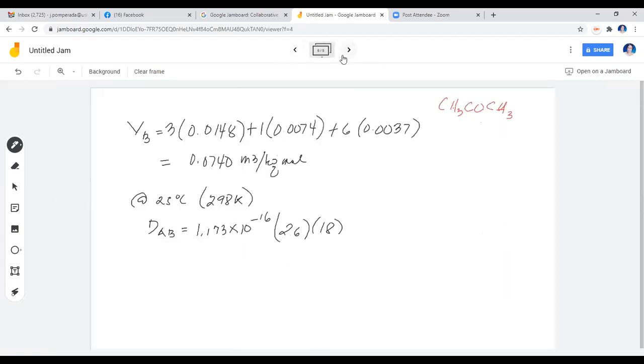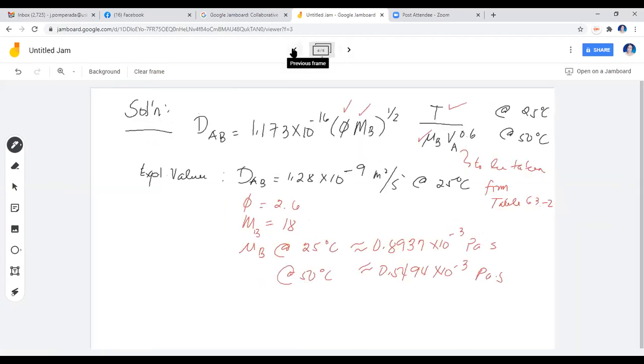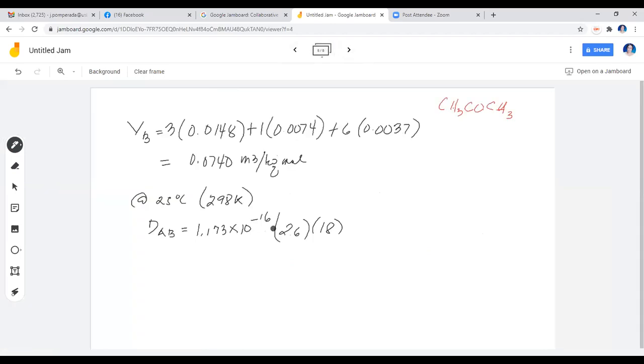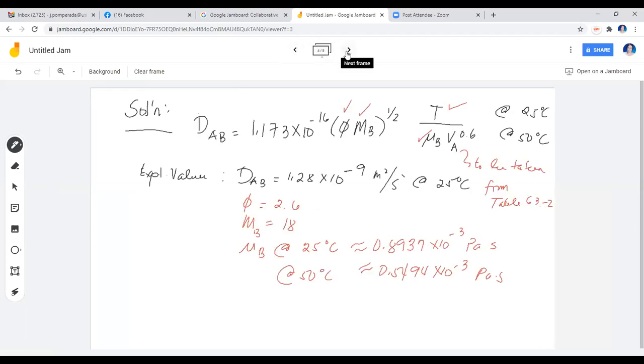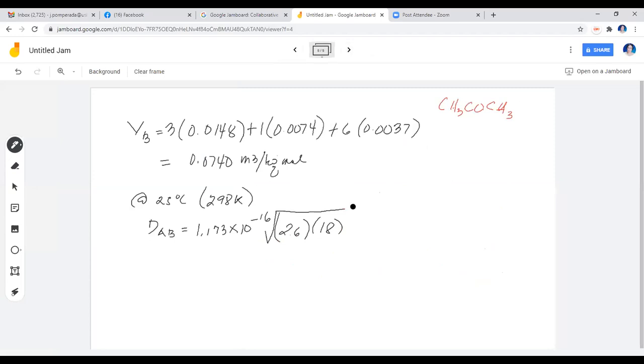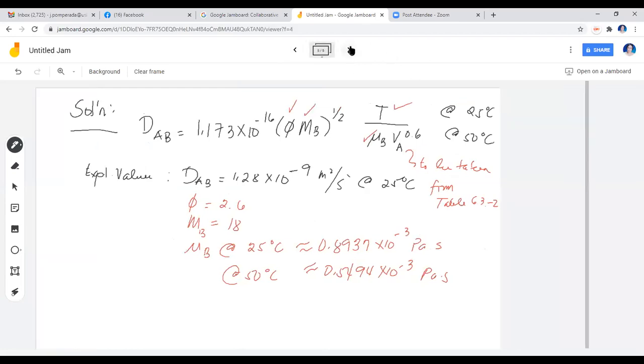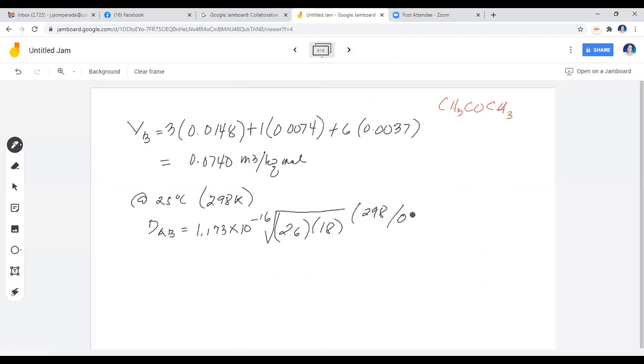The product of the two, we need to get the square root of, so we'll put this under the square root sign. Then we have the T, 298, and we divide it by mu B, 0.8937 times 10 to the negative 3.